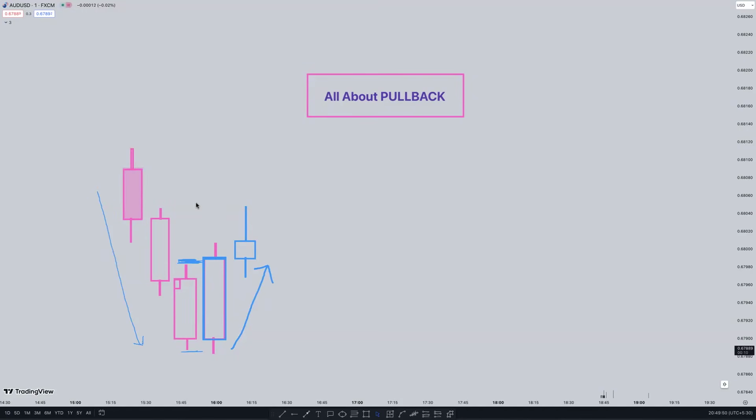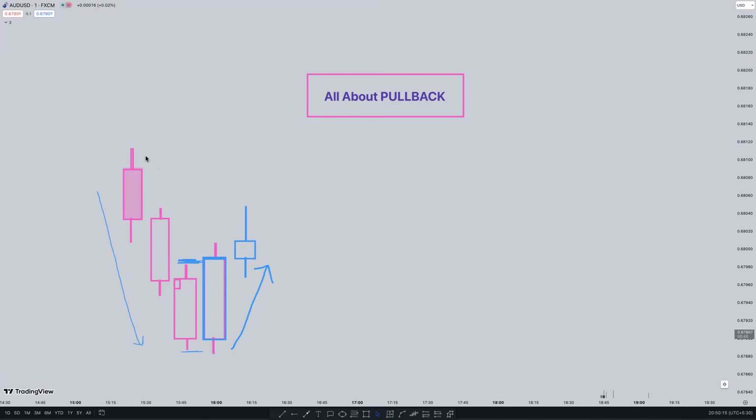Simple. And if price breaks just the candle's high, not the close of it, on both sides, the pullback is valid. It is not necessary to close beyond it; sometimes it just breaks the previous candle high or low, and that's enough.